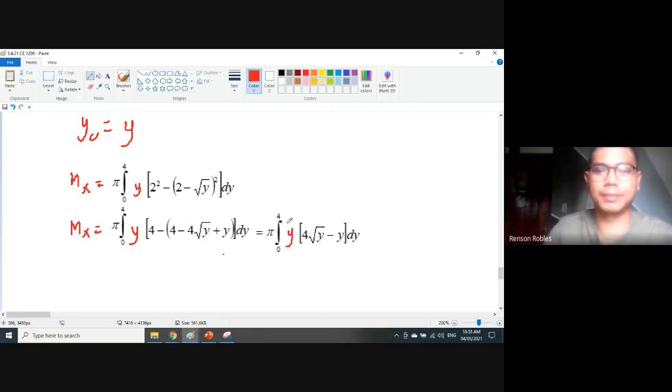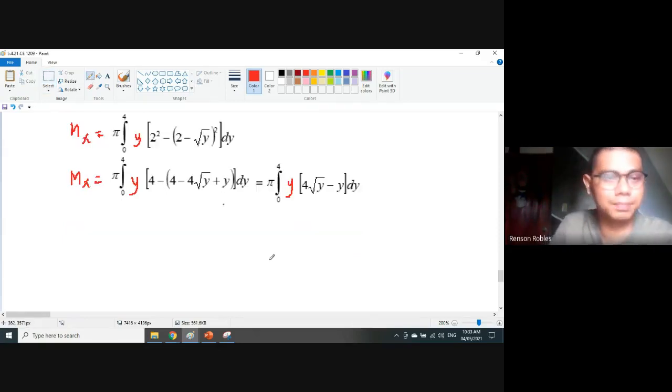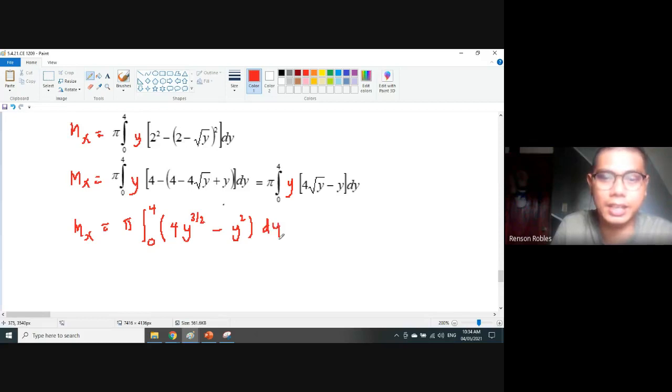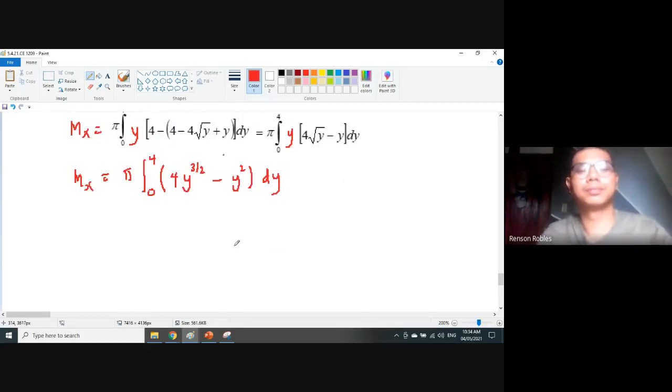Then you have Y. Then we now compute for it. Mx equals pi integral from 0 to 4, then times 4. Y times square root of y is y raised to 3 halves minus y times y is y squared. And then kindly integrate this.